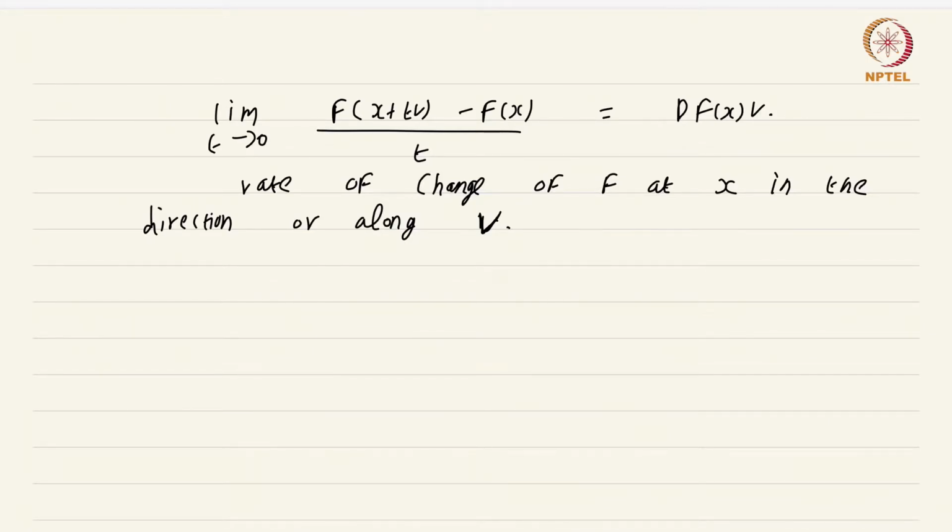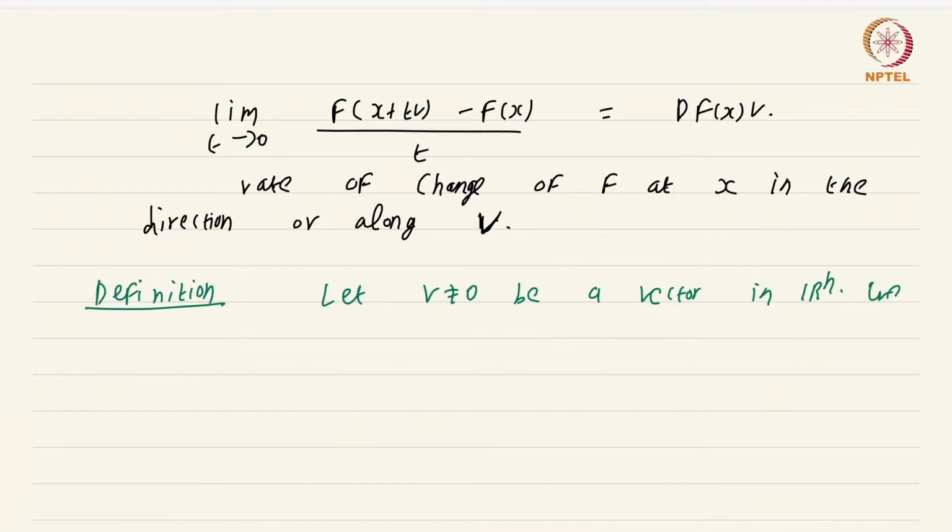So we formally make this into a definition now. Definition: let v not equal to 0 be a vector in R^n.